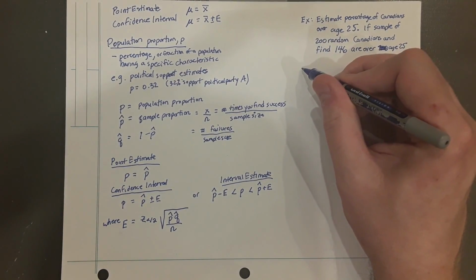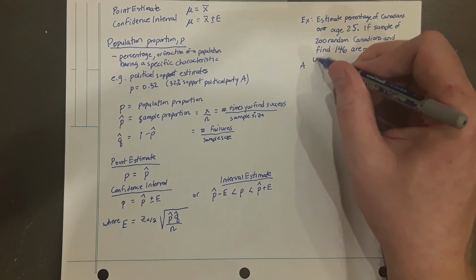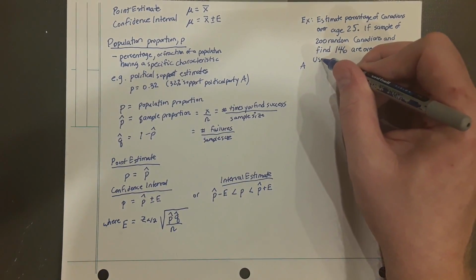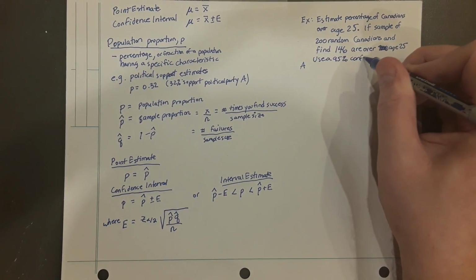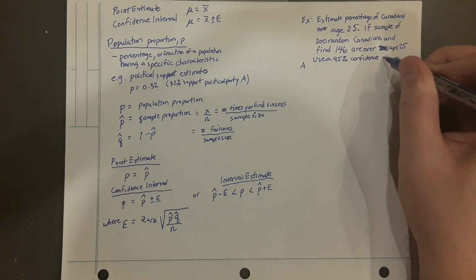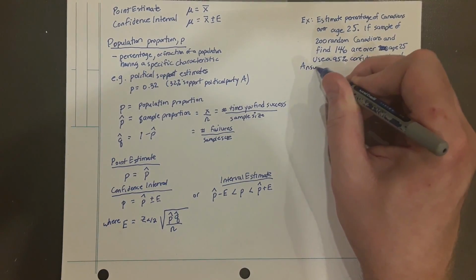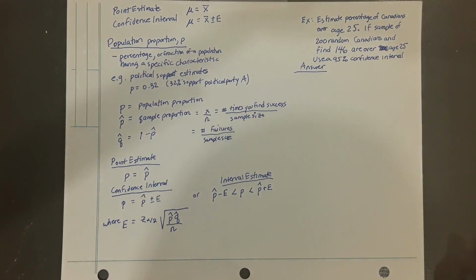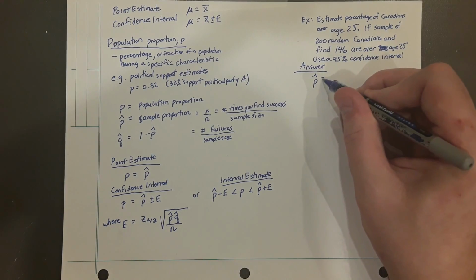Then for our best point estimate, we have to know our confidence interval, so let's use a 95% confidence interval. Our best guess for that population proportion is our sample proportion.